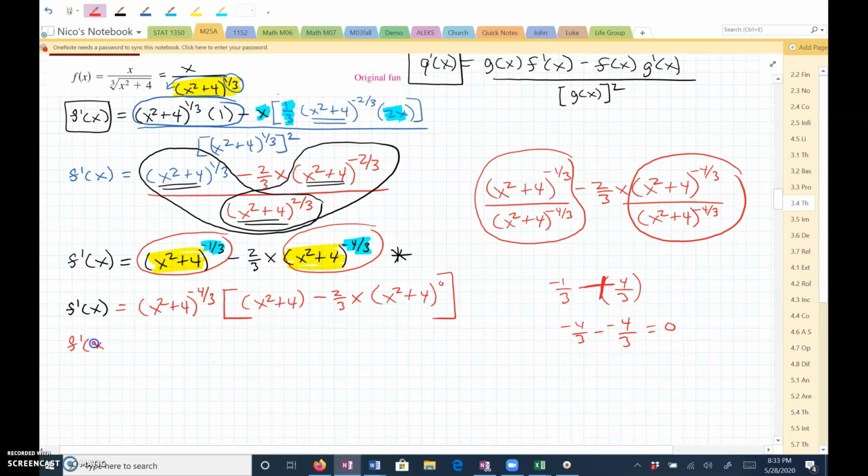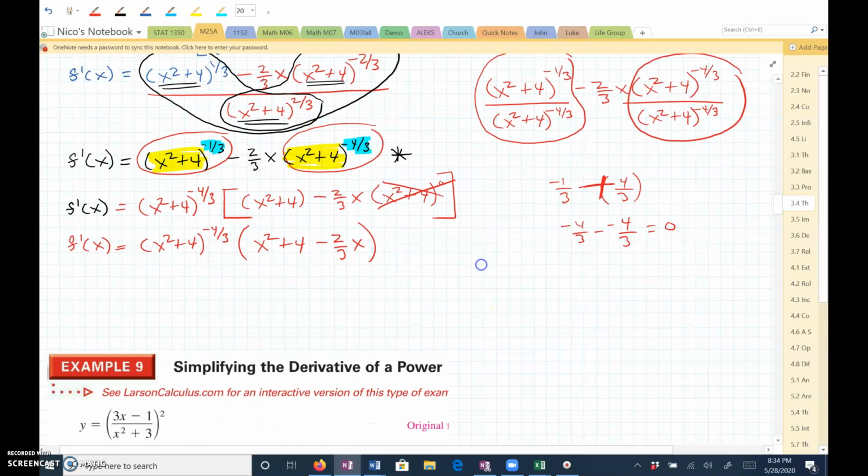Then let's simplify this. So we've got x squared plus 4 to the negative 4/3 power. Then let's see, we got x squared plus 4 minus 2/3 x. Remember, that's just 1. Then I have x squared minus 2/3 x.